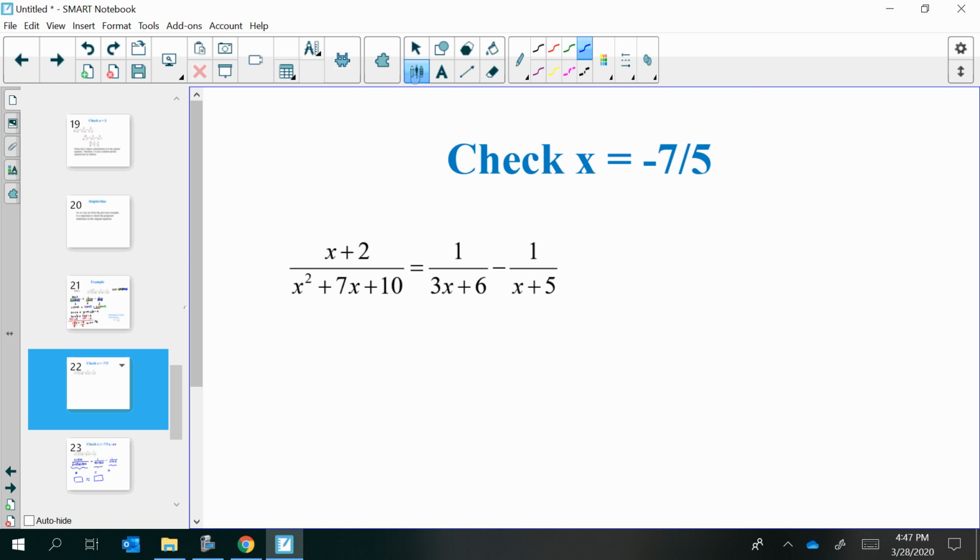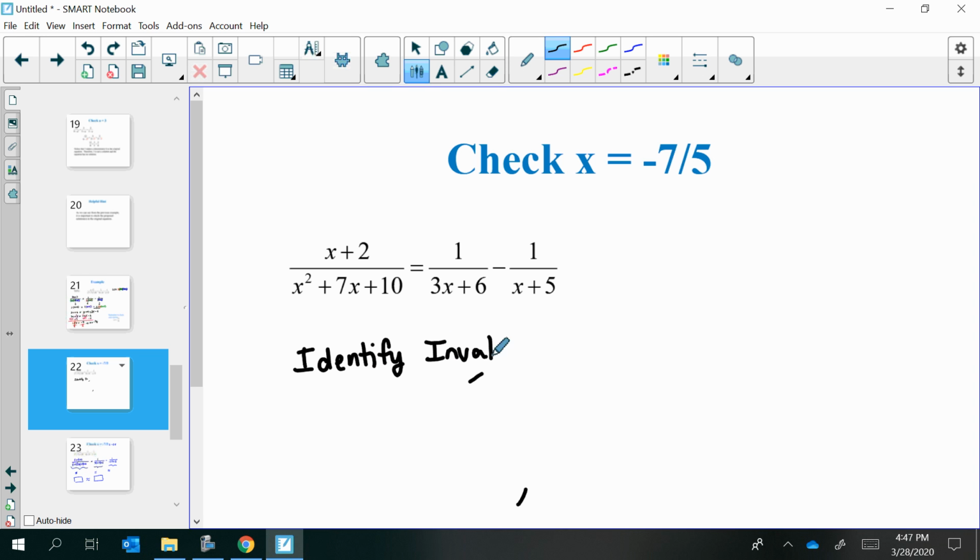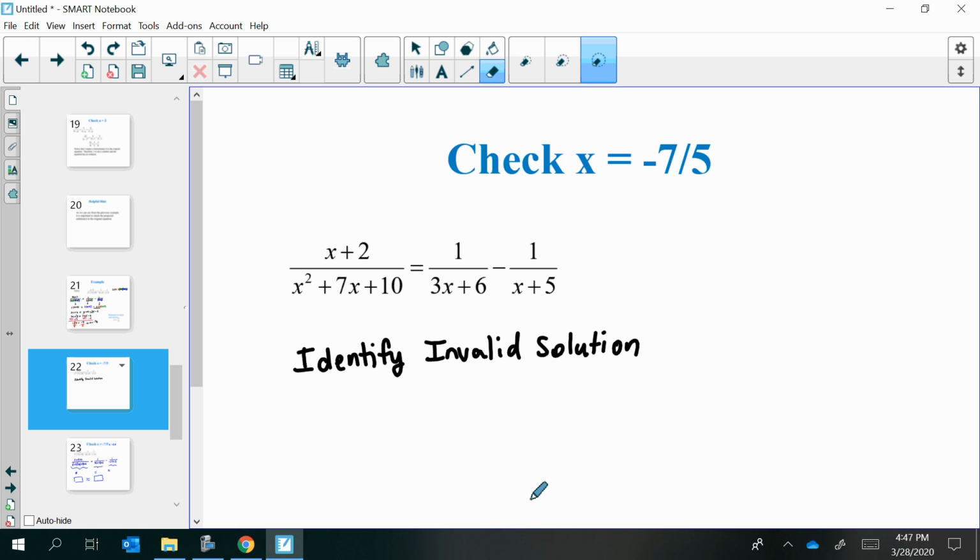So we're going to identify invalid solutions, and if negative 7/5 is one of them, then we'll know that this is a no solution example. So we've already factored out our denominators.